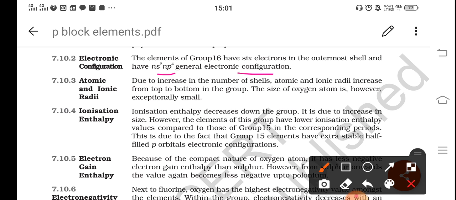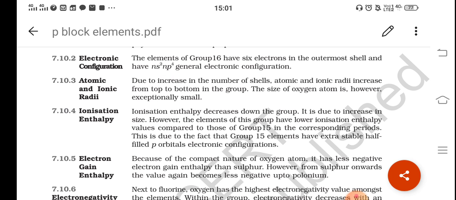Now ns2 np4 means, for example, oxygen, atomic number 8: 1s2, 2s2, 2p4. So the configuration of oxygen is 2s2, 2p4. In the same way, sulfur is 3s2, 3p4.